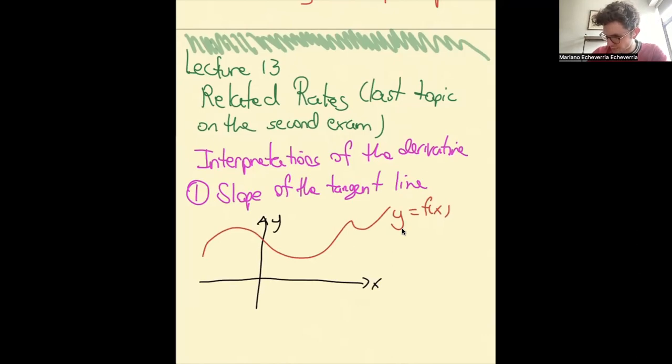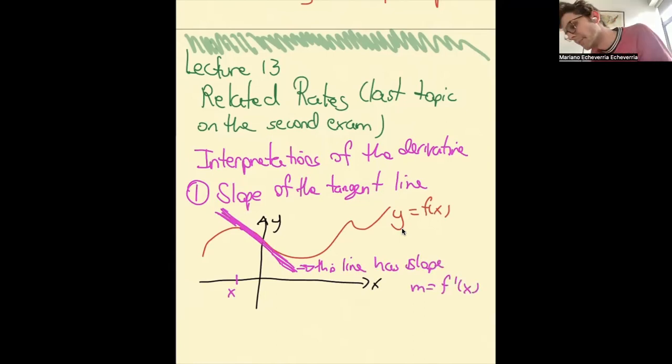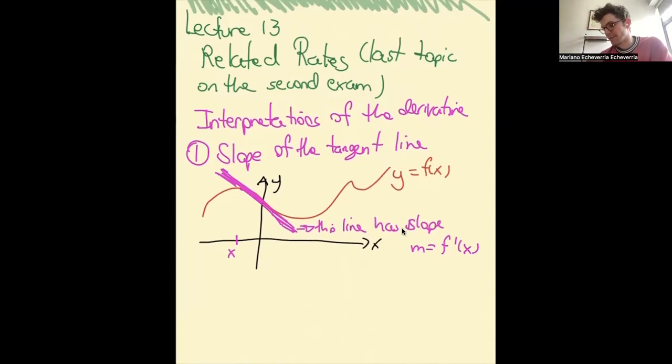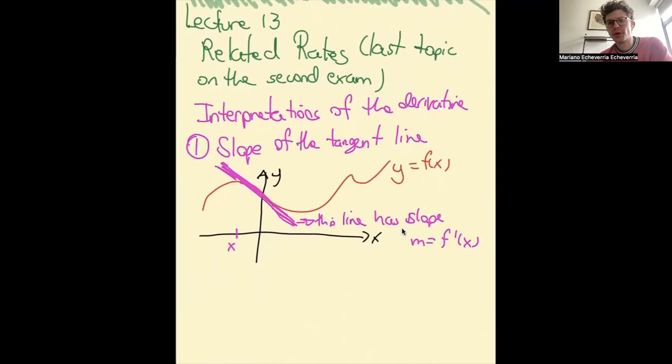If this is the point x, this line has slope m equals f prime of x. That's a useful way to think about the derivative, especially if you're dealing with geometric problems, but it's not the only way to think about it.